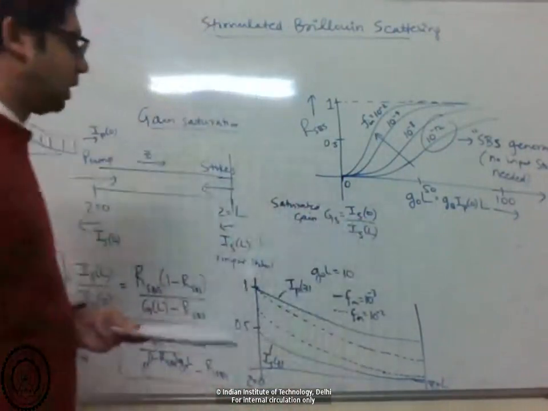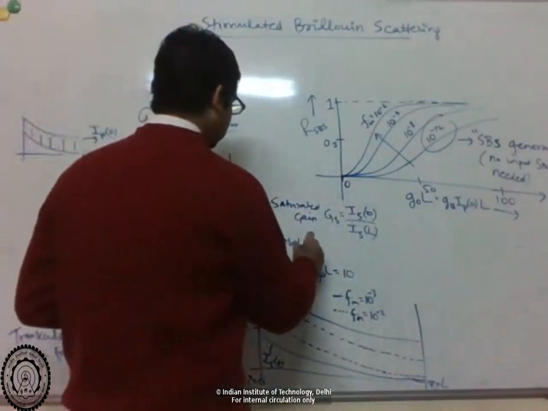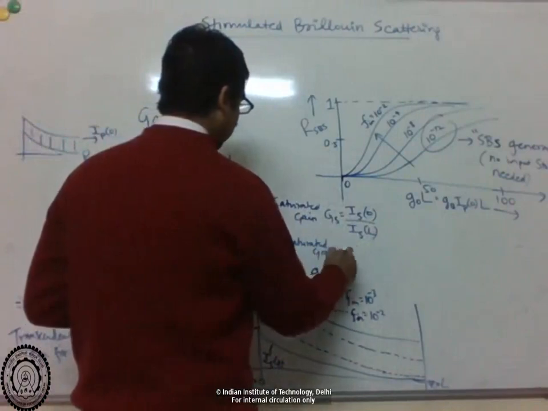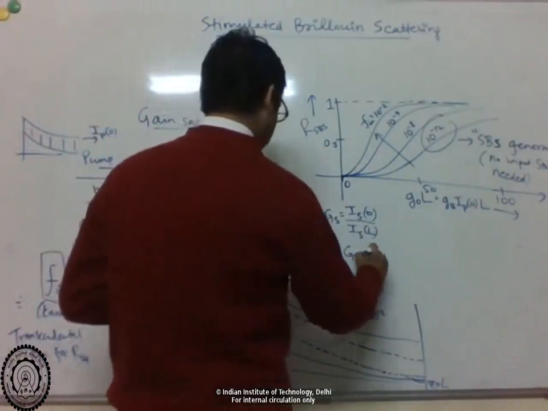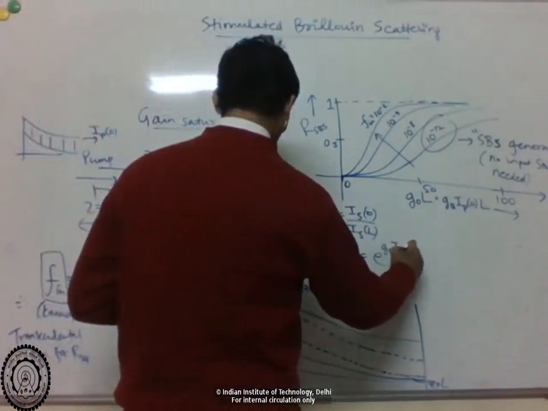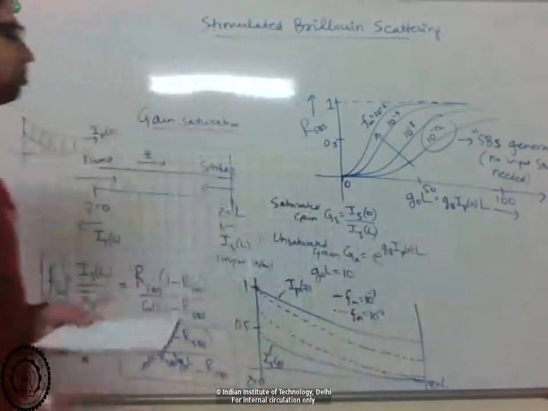That's the actual gain. We can define an unsaturated gain, which happens in the limit of undepleted pump. That will just be e to the exponential gain, g_B I_p L.